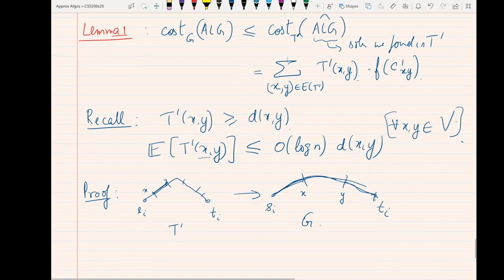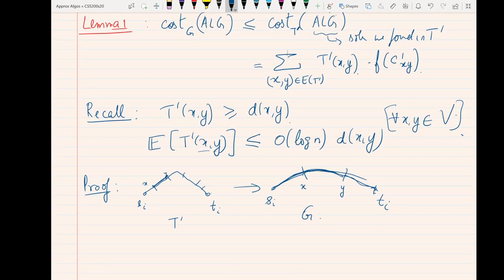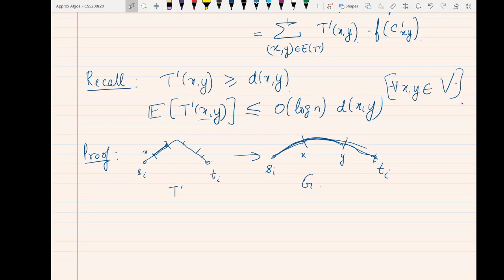Now, the only thing that we need to be careful about in these paths is that suppose you picked a single edge E, UV, in G, and you had an xy shortest path translated from an edge in T prime, and it asks you to purchase some C1 amount of capacity. And then you had some x prime, y prime path also going through this edge E, and it asks you to purchase some C2 amount of capacity on it, then you're going to purchase both of these together.